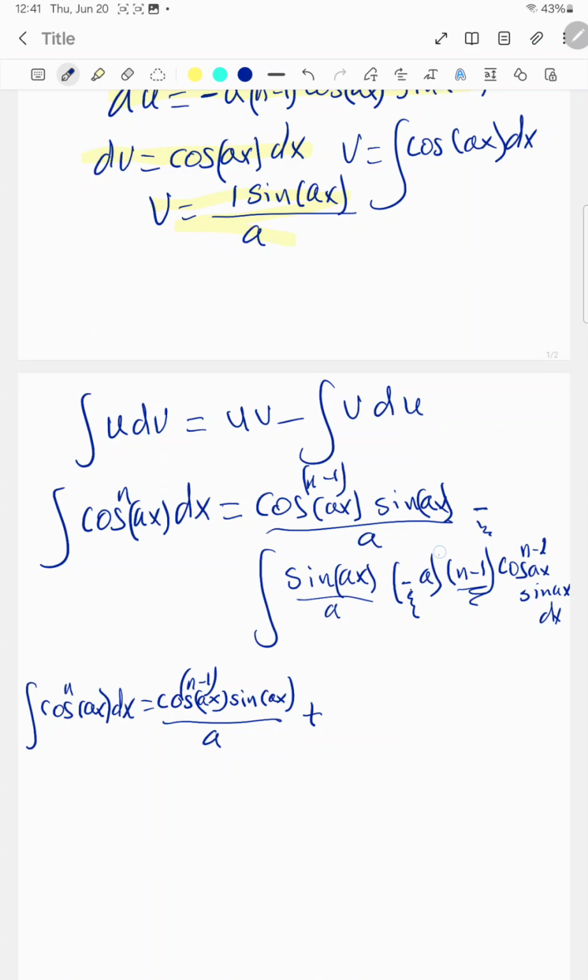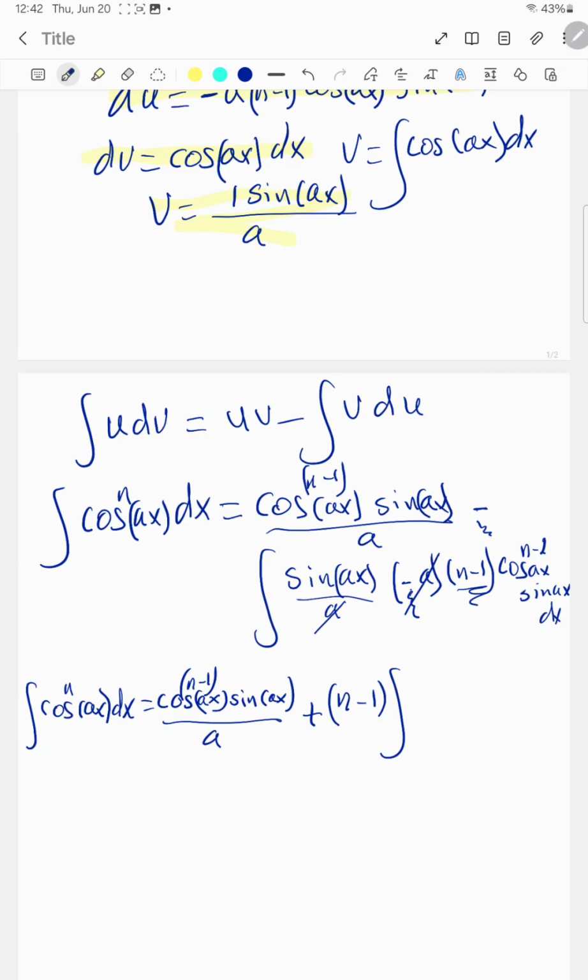I can simplify this a with that a because I have multiplication all over. And I can take n minus 1 outside my integral since n is a constant. So n minus 1 times the integral, and now I can write sine ax cosine n minus 2 ax.